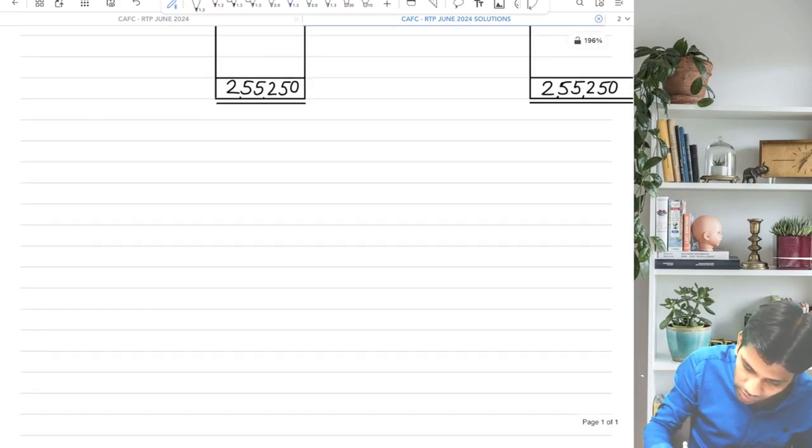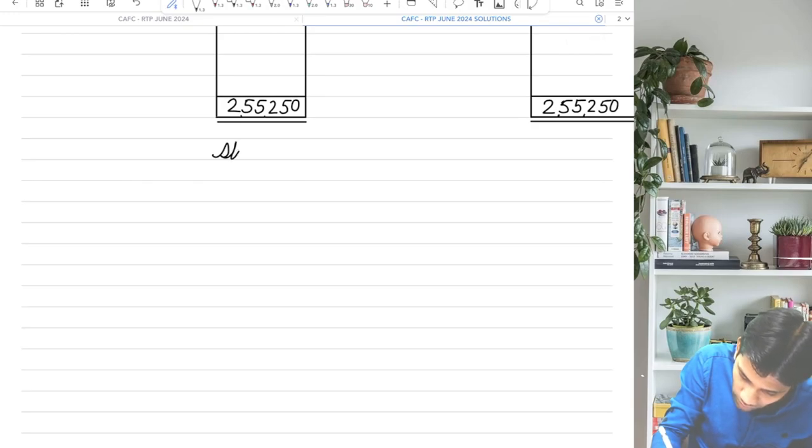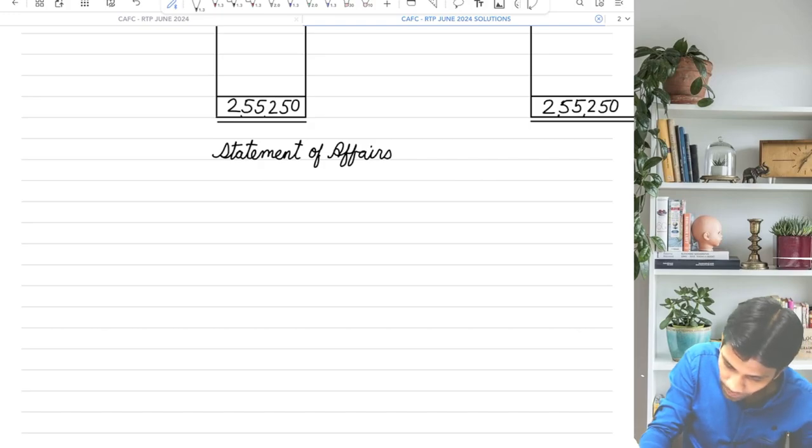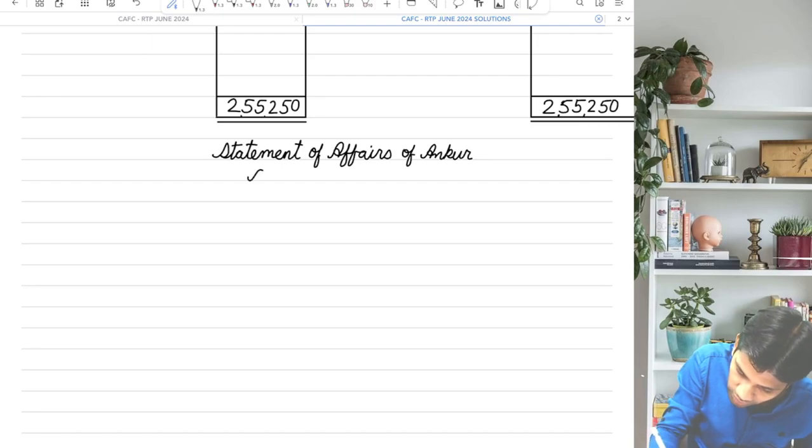Now we'll prepare the statement of affairs of Ankur as on 31st March 2024.